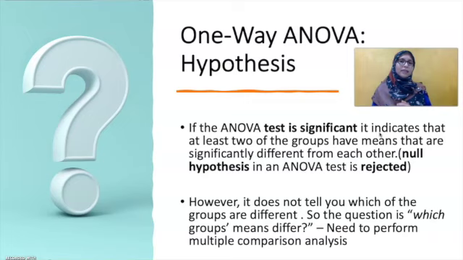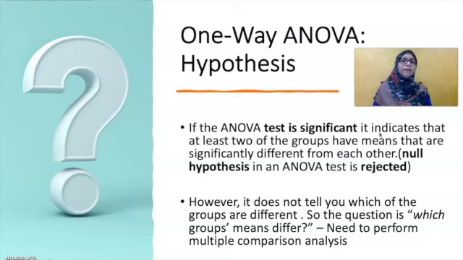If your result is significant, meaning p is less than 0.05, it shows that at least 2 of the groups have means that are significantly different from each other. Not necessarily all 3, but at least 2 of the 3. Therefore, the null hypothesis in the ANOVA test is rejected.